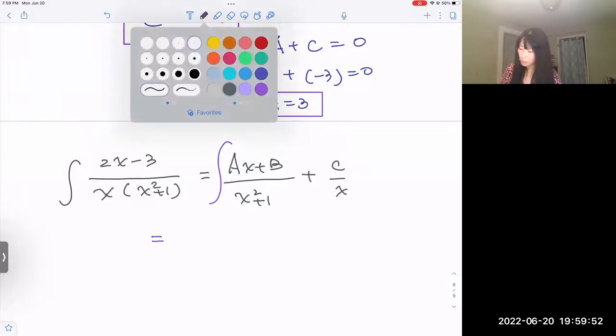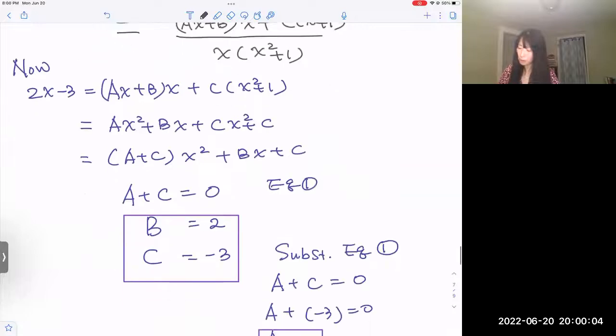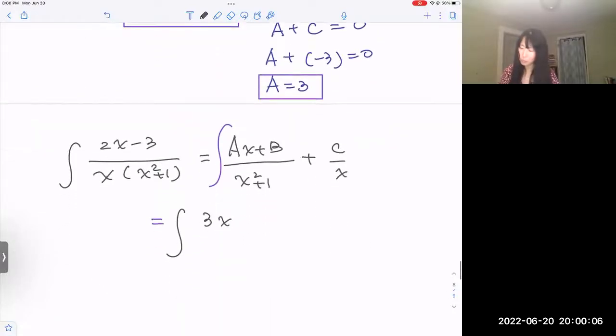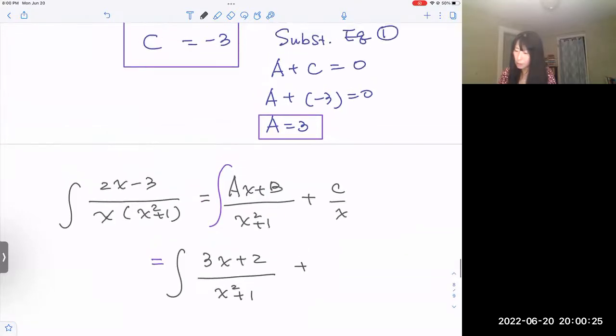So a, which is 3, x plus b, which is 2, over x squared plus 1, and let us do this one, plus c over x.